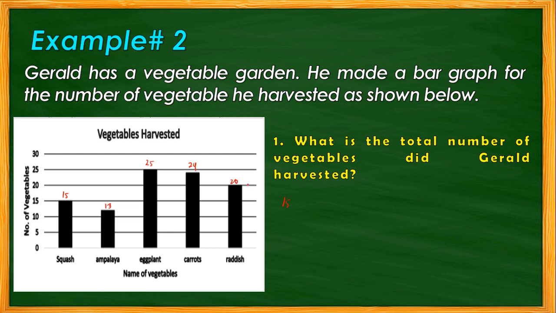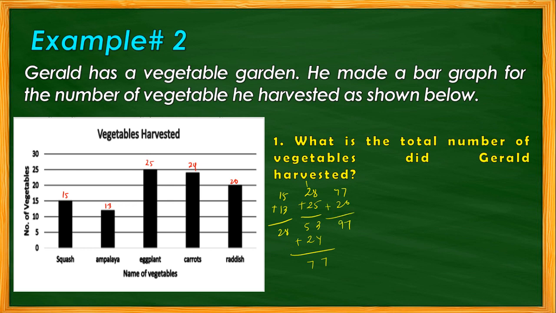15 plus 13, we have 28. 28 plus 25, we have 53, plus 24, we have 77. 77 plus 20, we have 97.